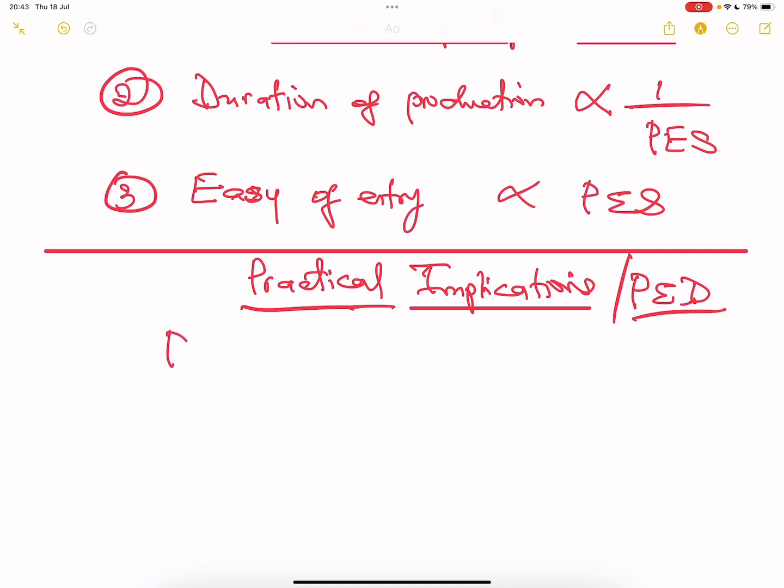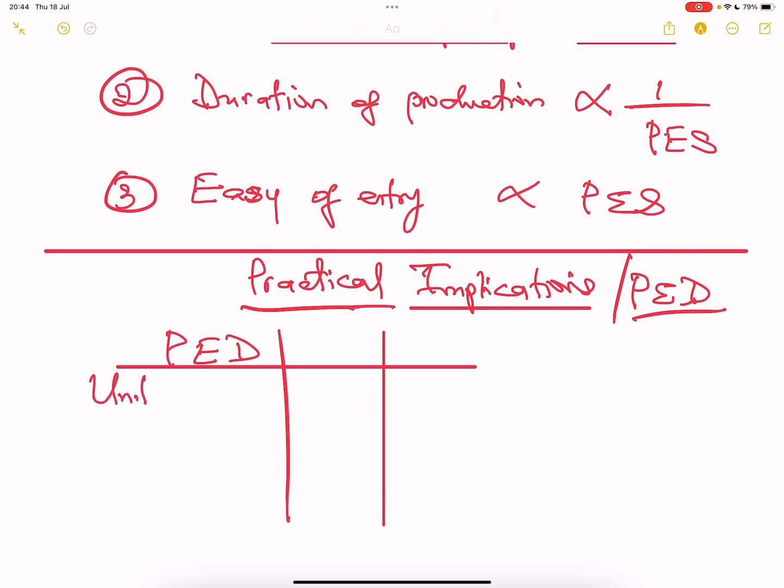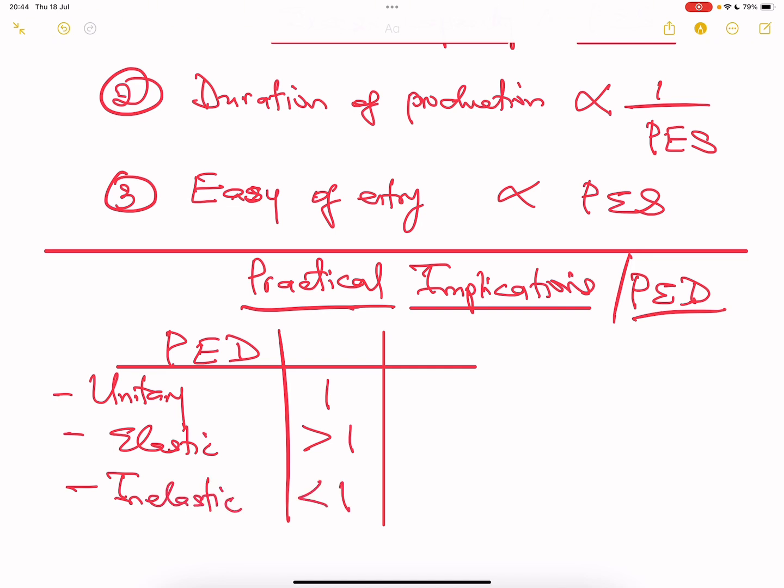Remember, I said price elasticity of demand can be elastic and can be inelastic. However, I told you that you can have unitary elasticity, which means price elasticity is 1. I told you that you can also have elastic, which means it's greater than 1, and it can be inelastic, where it is less than 1.